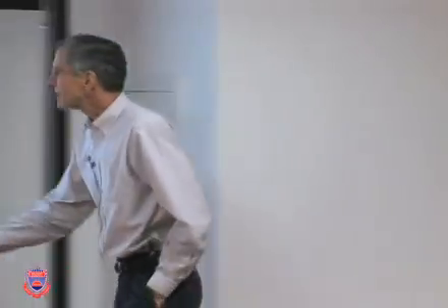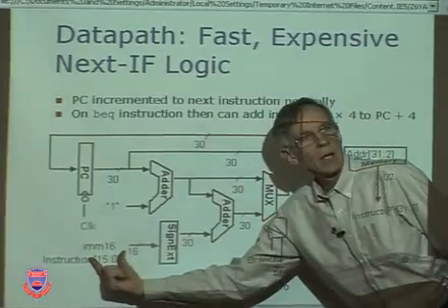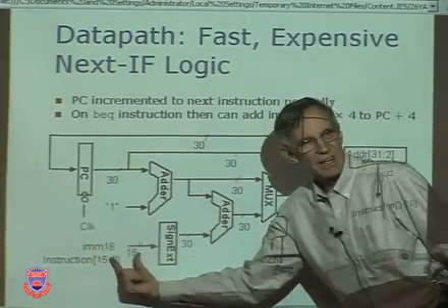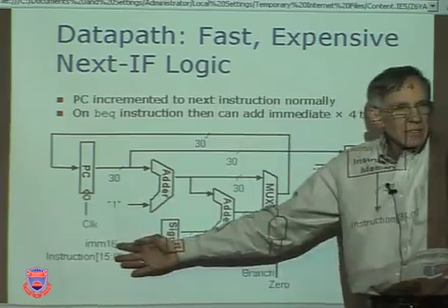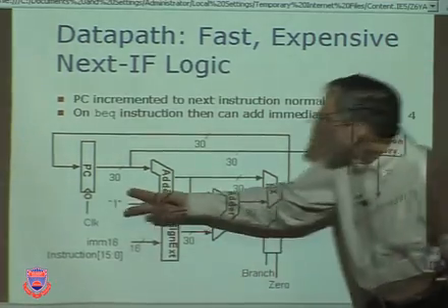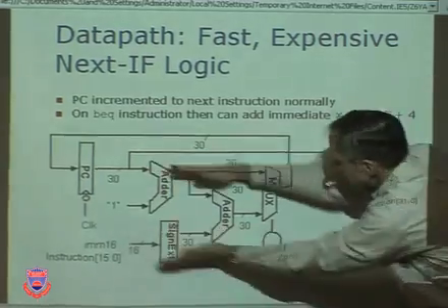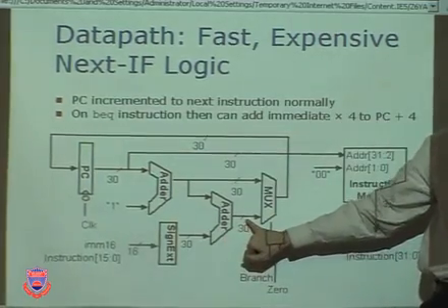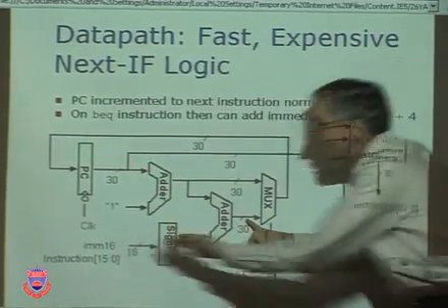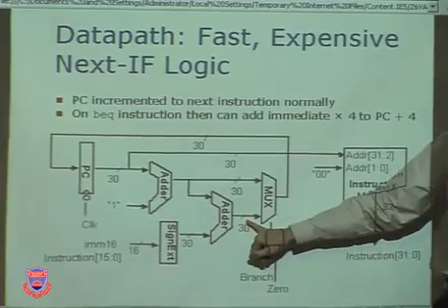How come we don't take this and multiply it by 4 and then sign extend it? In fact, we just take it as is and sign extend it. And how come we don't add 4 here to the PC value, add 1? Because everybody can see that this right here is PC plus 1 plus the sign extended immediate 16-bit value.